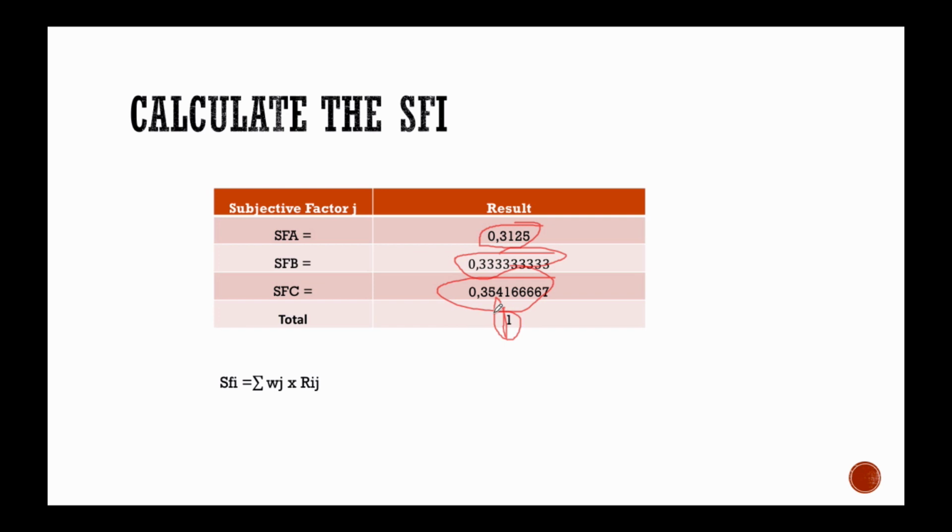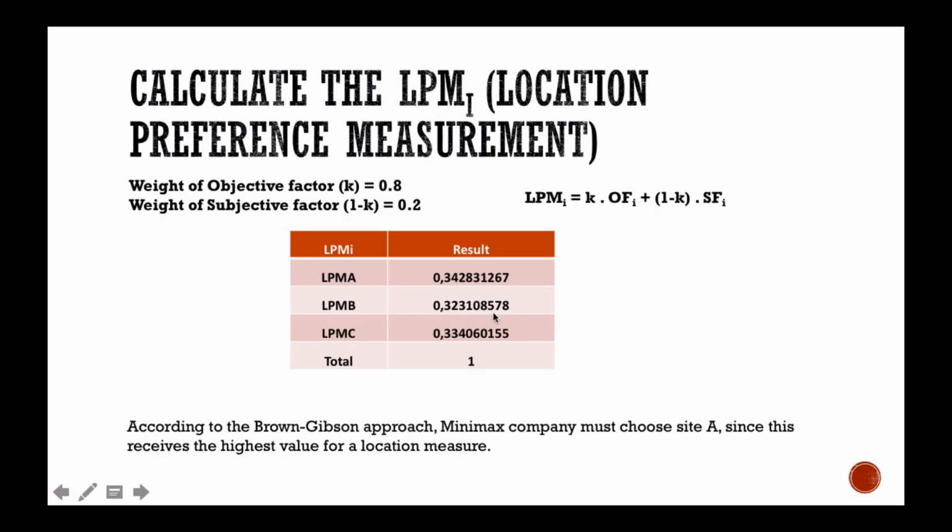And the sum will be 1. Okay. And then the last one is we have to calculate the LPMI, the location preference measurement. Yeah, it's the most important here. Please don't forget what I have stated in the second slide, that the weight of objective factor is 4 times that of subjective factor.